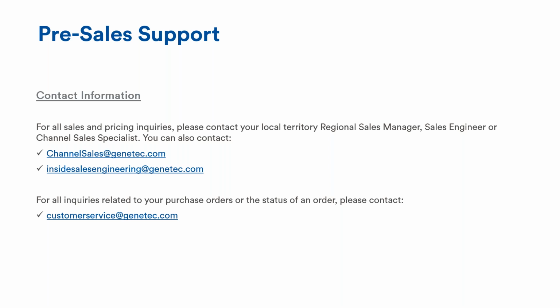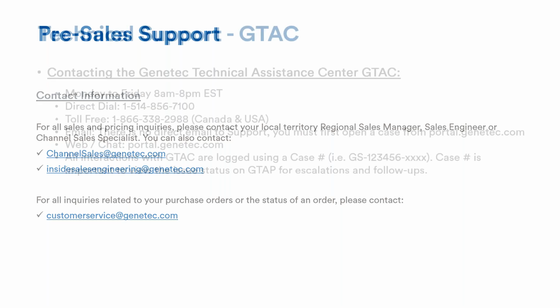But if you're not sure who your regional sales engineer is, you can send email to insideSalesEngineering@genetec.com, and they'll direct your email to the right sales engineer for help with system designs and bills of materials and things like that. And of course, for inquiries related to purchase orders or the status of an order, it's customerservice@genetec.com.